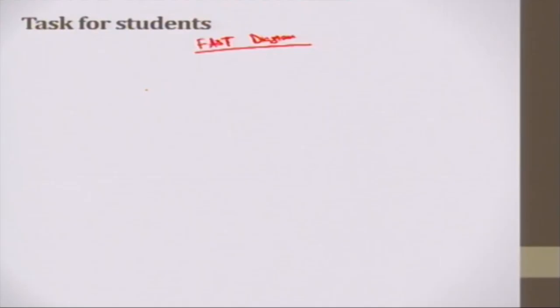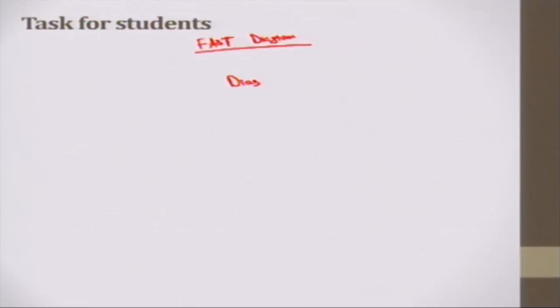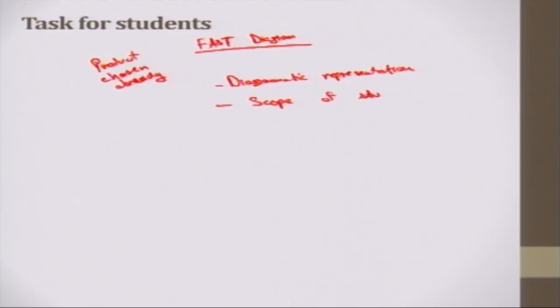So I would like you to put those functions in a FAST diagram, represent those functions in a diagrammatic way, of the product which you have chosen. Then see what is the scope of your study.